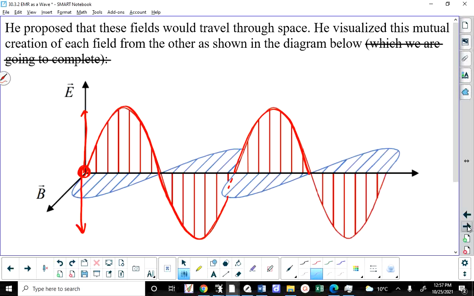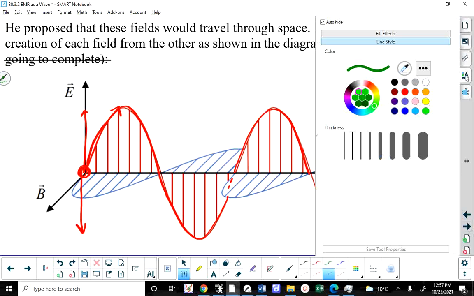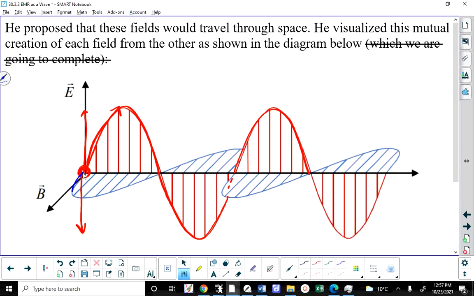You do not have to continually shake this. Once you start the process, this wave travels out through space. But because this changing electric field, according to his theory, produces a changing magnetic field, as the electric field is increasing, the magnetic field is increasing.